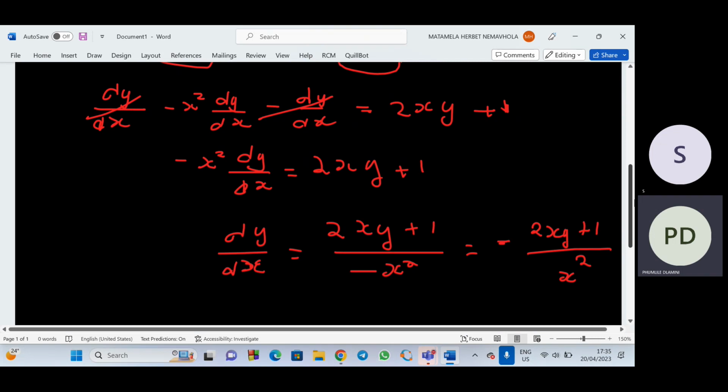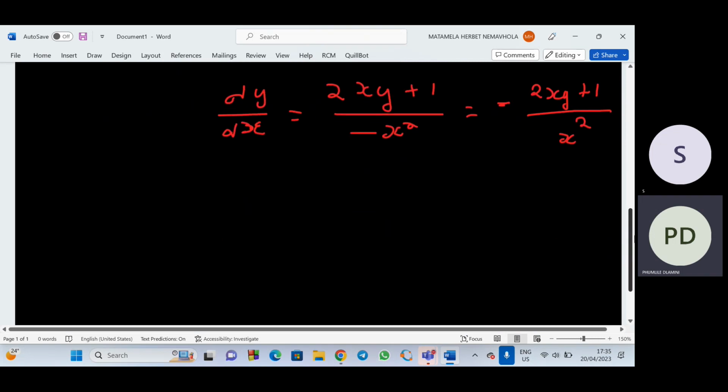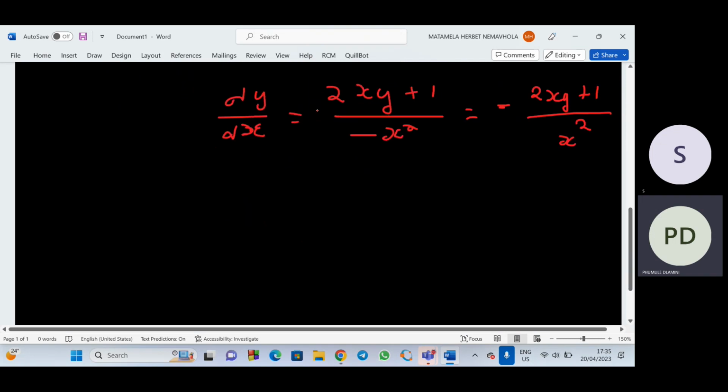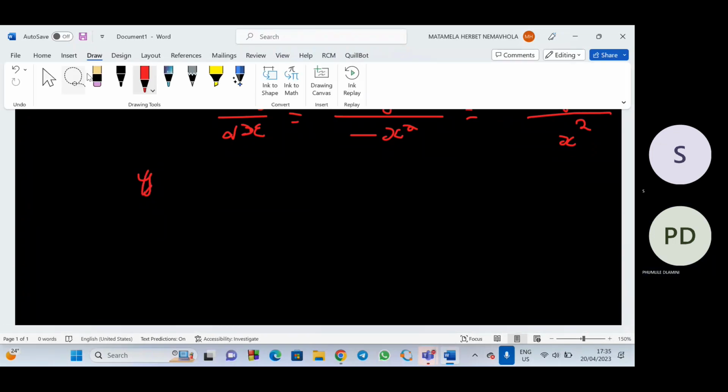So this is the implicit differentiation. In terms of implicit differentiation, you can get a function y, or I can even use f of x.